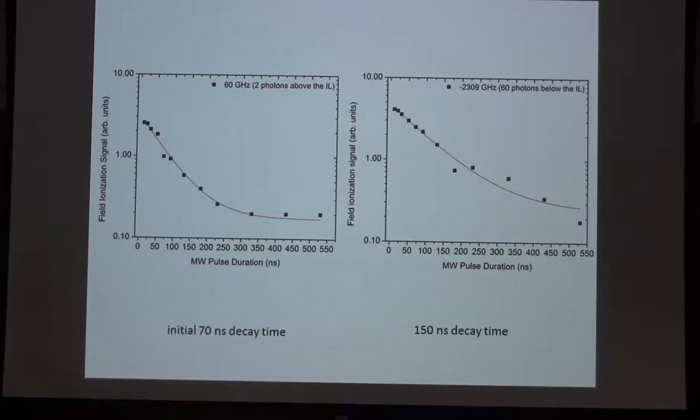Here, 60 photons below the limit, it's 150 nanoseconds. But even this time is much longer than 4 nanoseconds. So these electrons are clearly coming back to the core multiple times. It's not that we've just parked the electron out there in left field and it's never coming to the core. It's coming back, but it's not necessarily ionized.